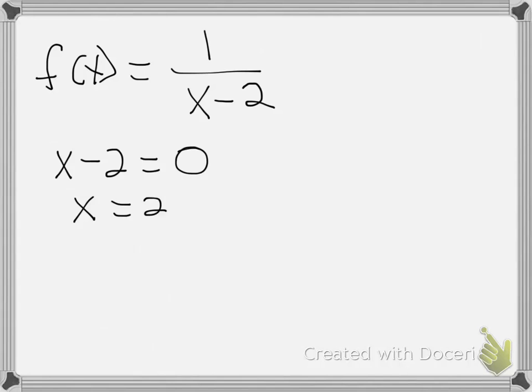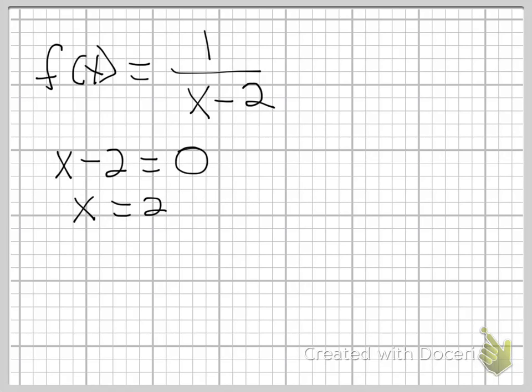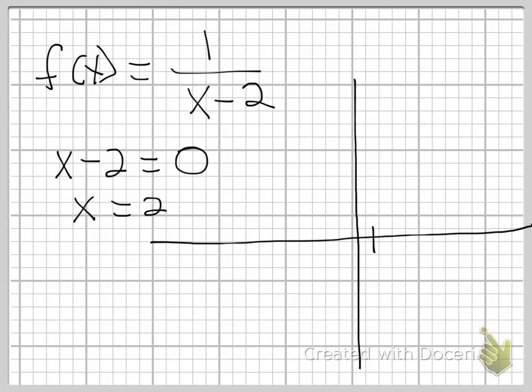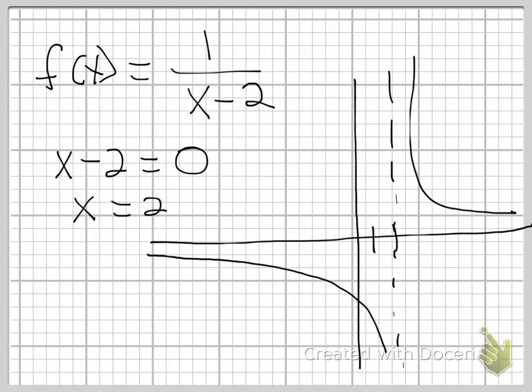So if I thought about sketching this thing, and we use the idea of transformations, this minus 2 tells me that I would slide 2 to the right, and I'd have a graph that looks like this. Okay? Right? All it did was it gave us a vertical asymptote at x equals 2.